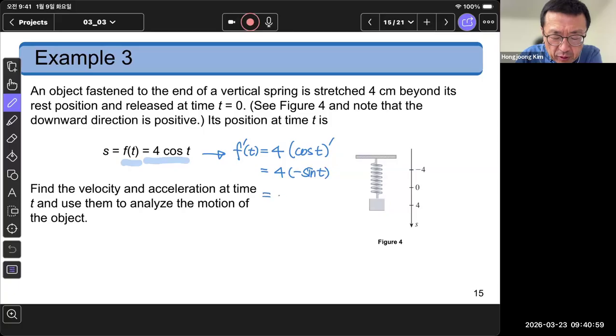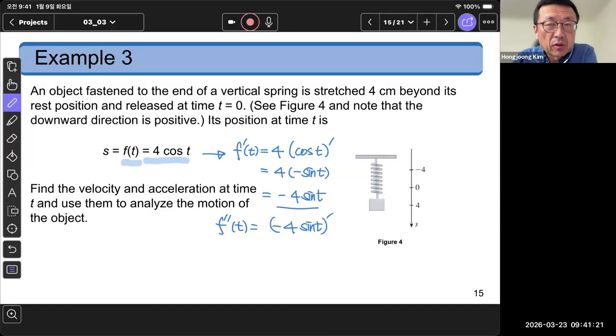So the derivative is negative 4 sine t. If I'm interested in the second derivative as well, you can consider the differentiation of negative 4 sine t.